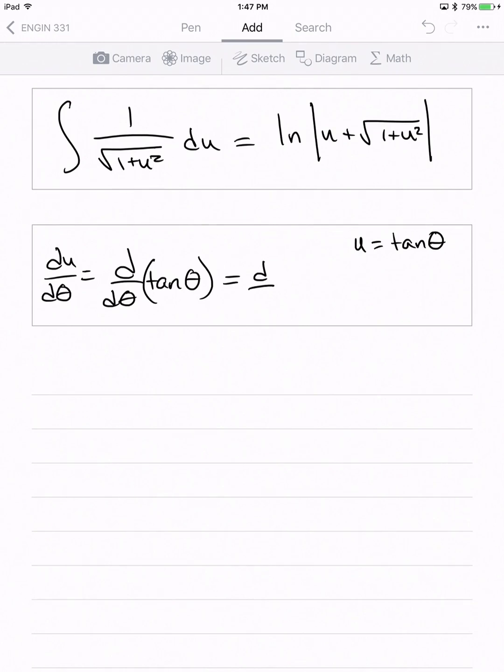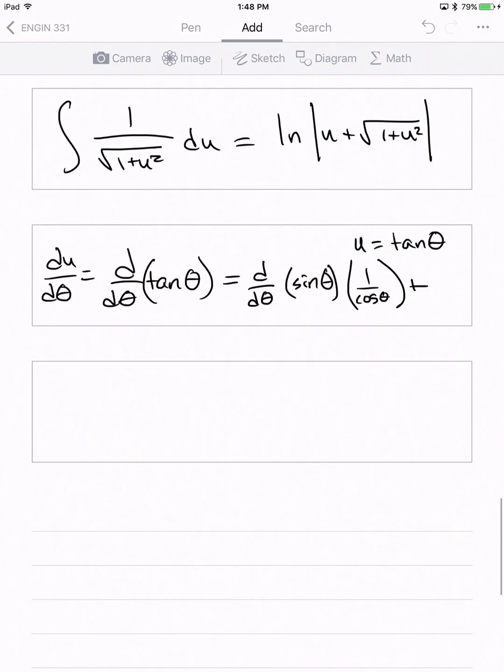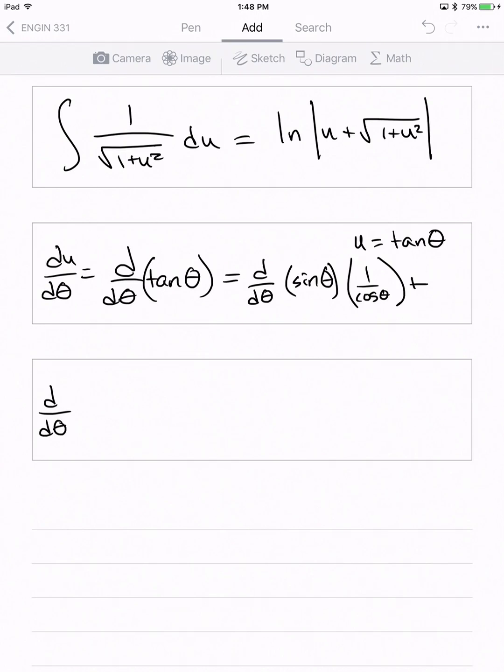So that's the derivative with respect to theta of sine theta times 1 over cosine theta, plus the derivative with respect to theta of 1 over cosine theta times sine theta.